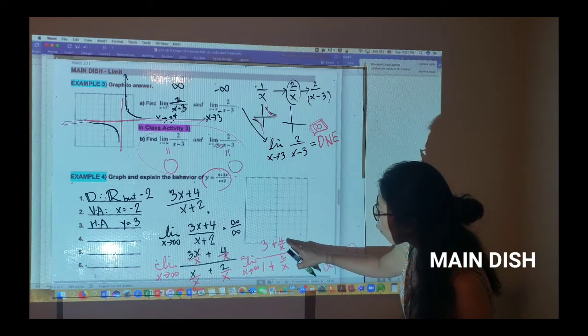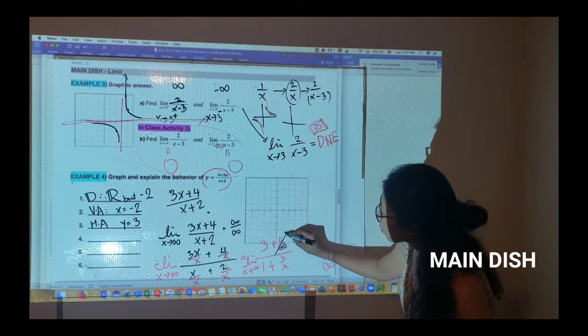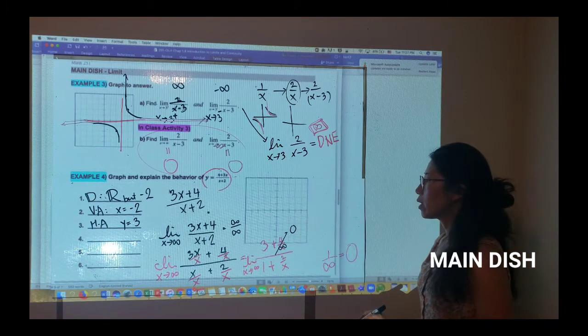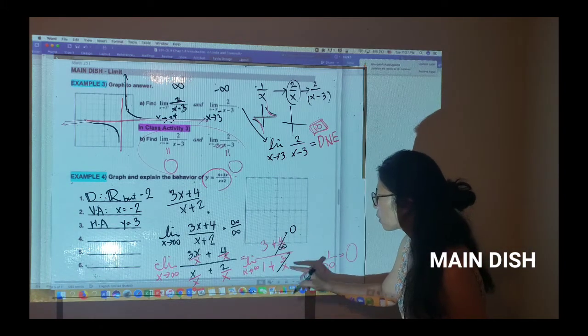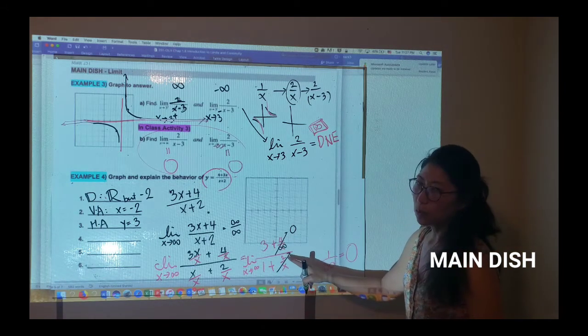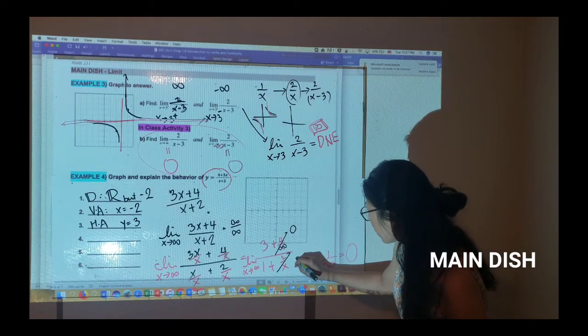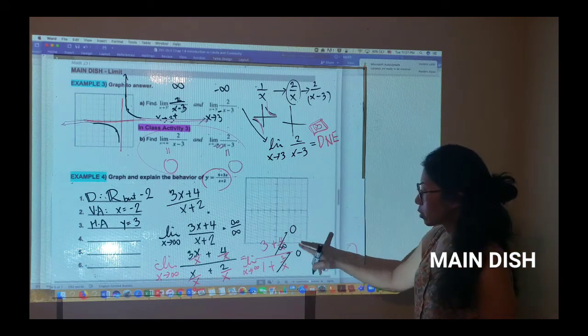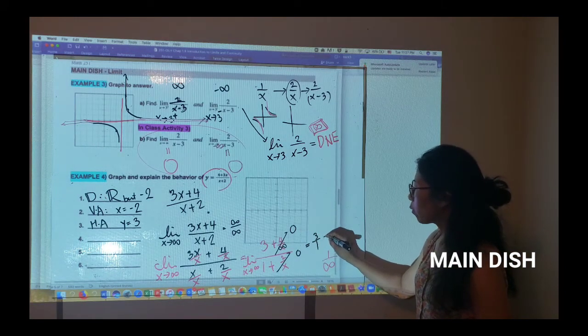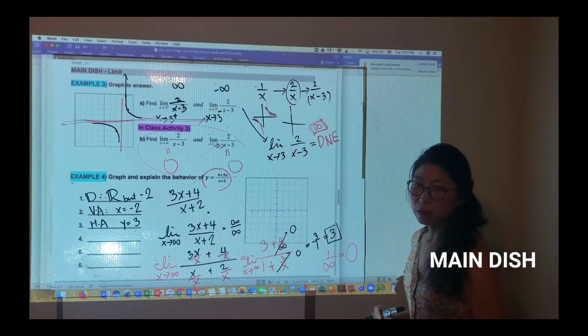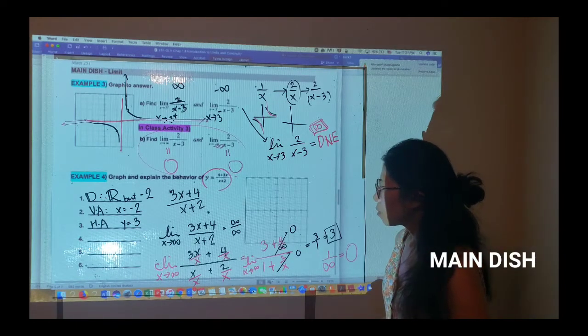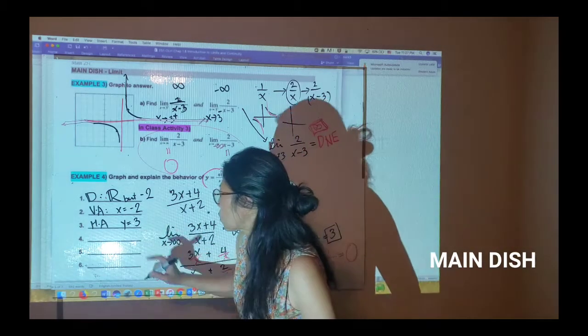When I look at 4 over infinity, this number will be very small, essentially 0. Same idea for the bottom. 2 over infinity, like 2 over 1 million, is a very, very small number. So it gets 0, and I end up with 3 over 1, which is 3. Now this is the calculus way of finding the limit, and that's what I get as the horizontal asymptote.